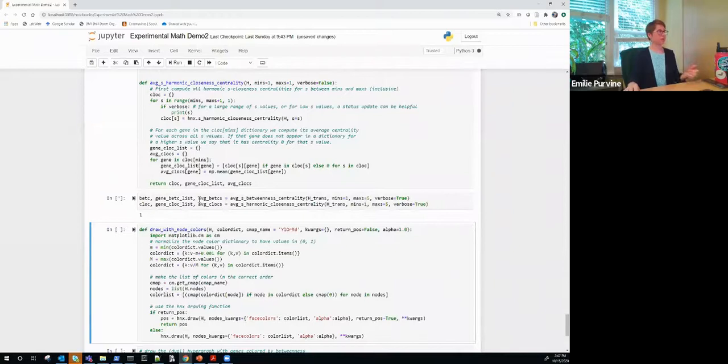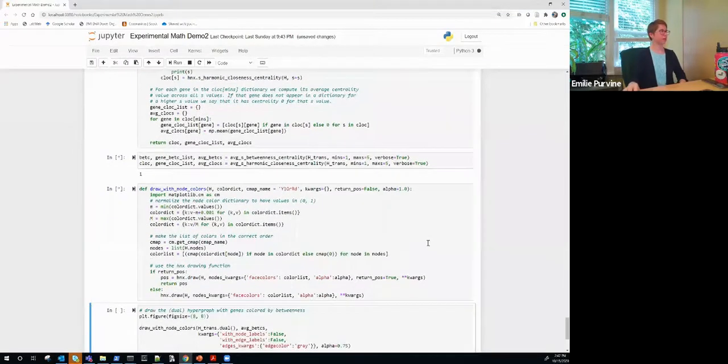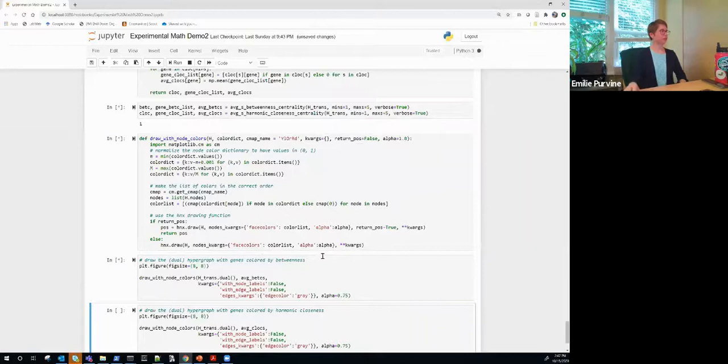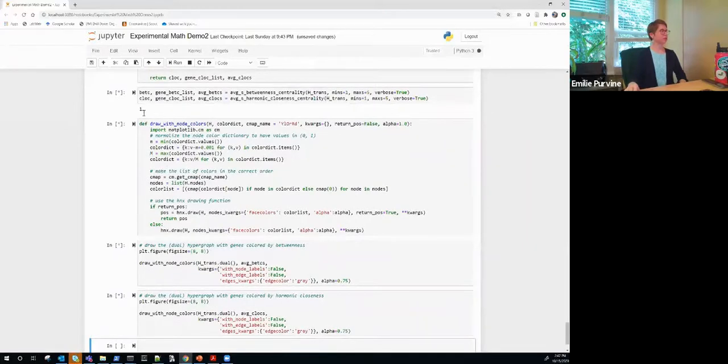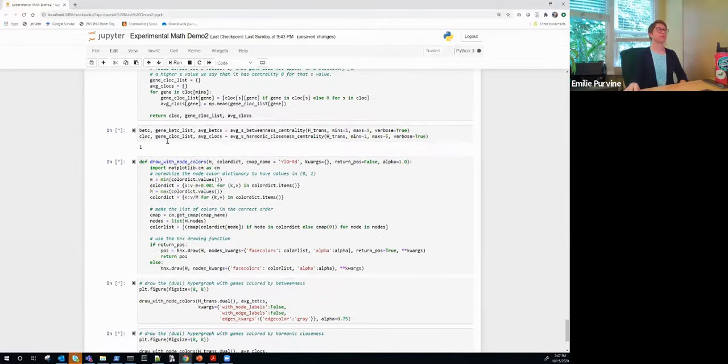And this takes just a moment to compute the betweenness and closeness centrality on that subsample of the biological hypergraph. And when that is done, it will visualize. Once it gets past 1, it goes through much faster. Or it did earlier.